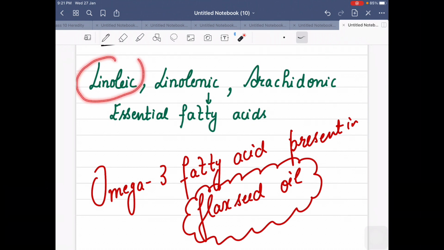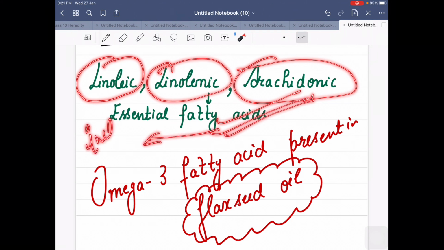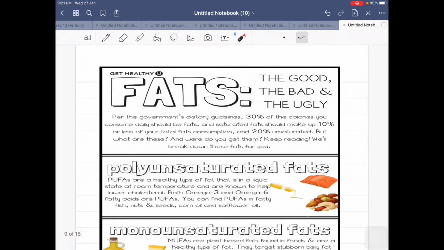Another thing, linolenic and arachidonic acids are very essential fatty acids which must be included in the diet, right? So it doesn't mean that fats are only bad. We need at least 20 to 30% healthy fat in our daily diet.